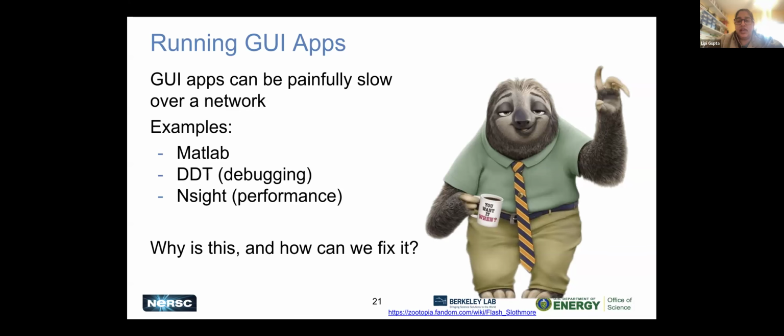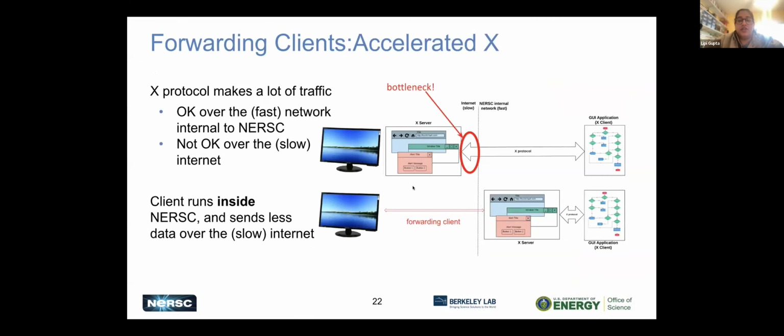To explain why that is, there's a protocol called X protocol, which is used to send you the information about what would show up if there was a monitor attached to Perlmutter. While we have really fast internet within our system, when it goes over your internet, it's really slow because even if you have gigabit internet, it's not the same as terabit.